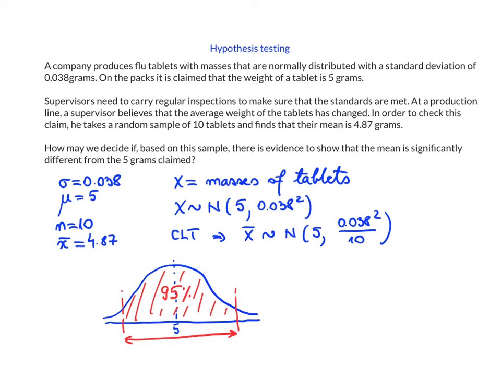But if my 4.87 is outside, of course it's going to be on this side, I know now, but if I see that it's outside, then I decide that it's a very odd sample and it's very likely that the company actually doesn't produce tablets with a weight of 5 grams. So I'm going to find the 95% confidence interval in this case.